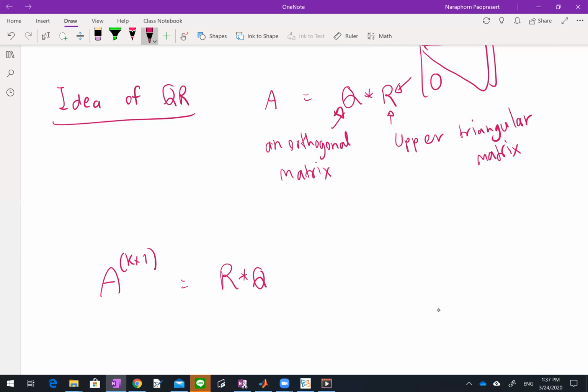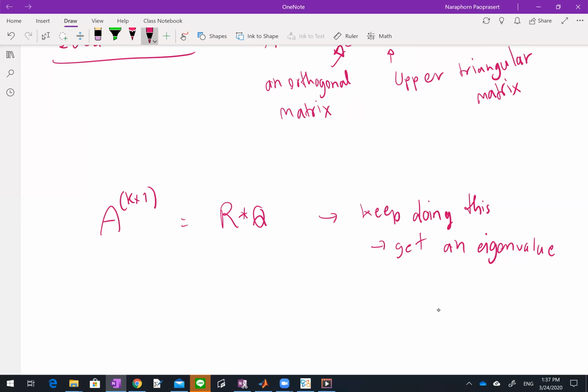So when you split A into Q times R, the next one you just switch the order and make it R times Q. And if you keep doing it, eventually, using the QR method, eigenvalues can be achieved.